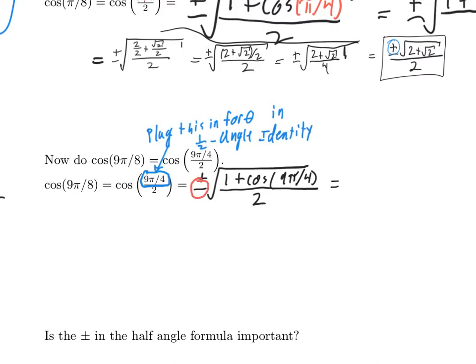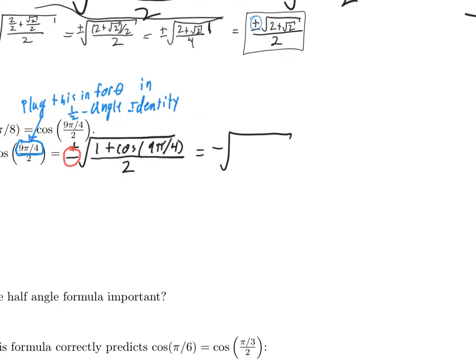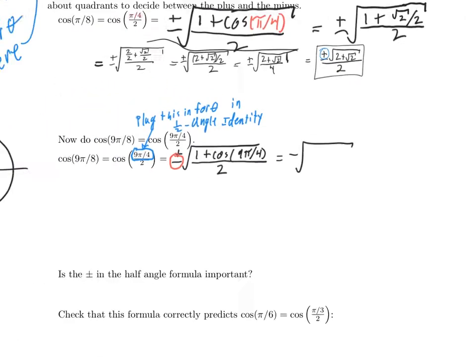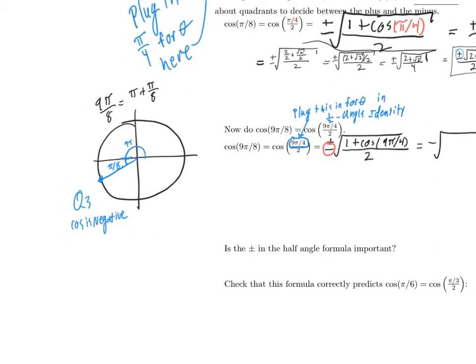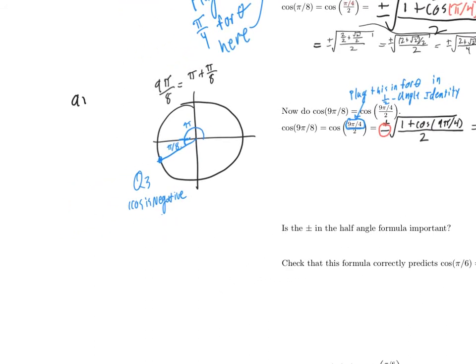So this will be negative the square root of, and now it'll be the same computation from the inside out. Just the same computation as above. What's the cosine of 9 pi over 4? Well, drawing 9 pi over 4, maybe I'll draw it on that same unit circle. That is 8 pi over 4, so that's 2 pi, plus an extra pi over 4.